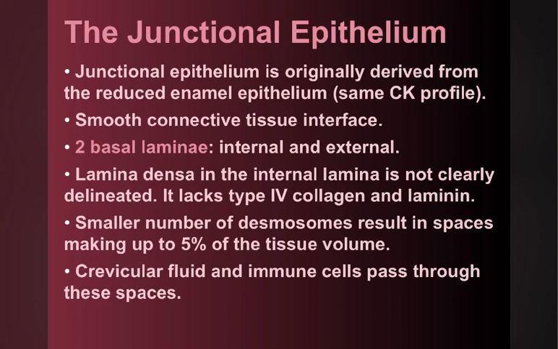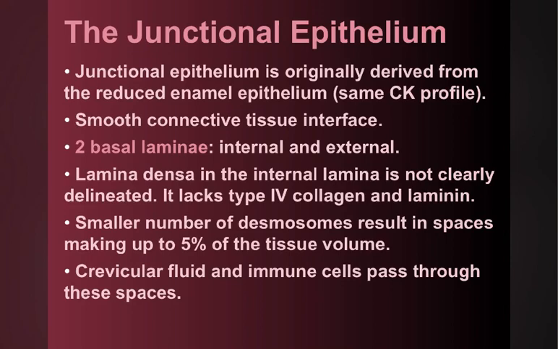The junctional epithelium has a smooth connective tissue interface, meaning it doesn't have raised ridges. It has 2 basal laminae, one called internal and the other external. The internal is toward the enamel, and the external is toward the lamina propria of the gingiva. Lamina densa in the internal lamina is not clearly delineated. It lacks collagen type 4 and laminin.